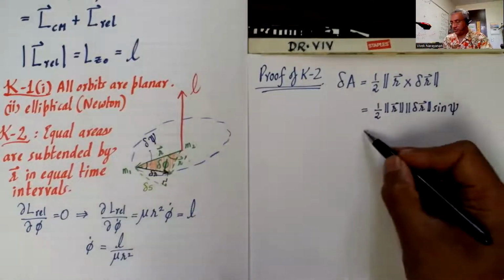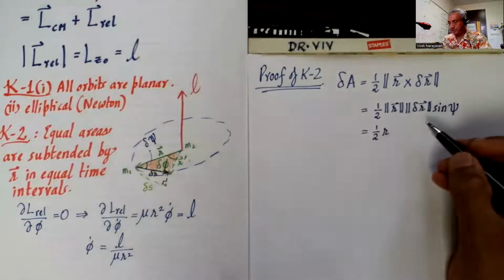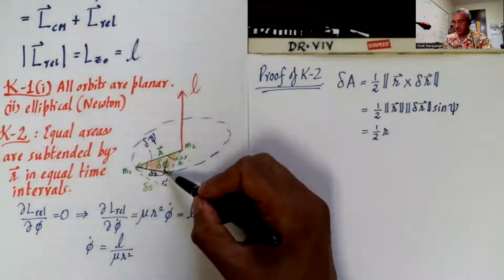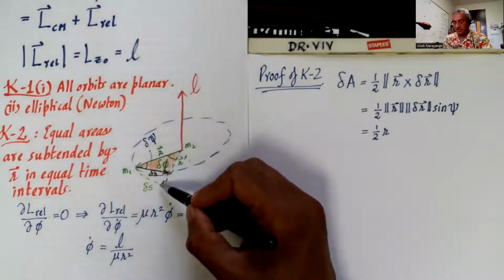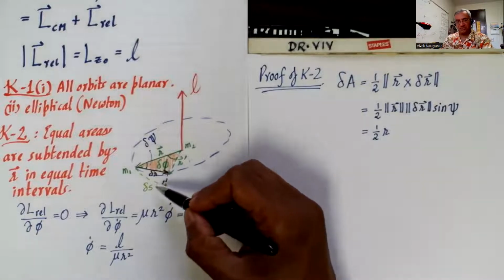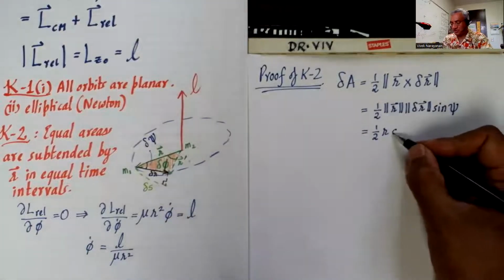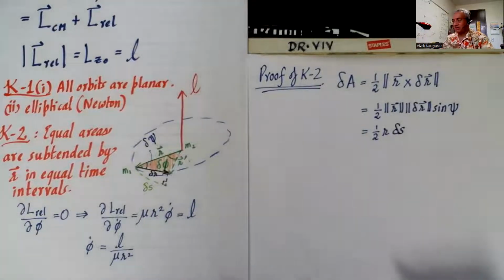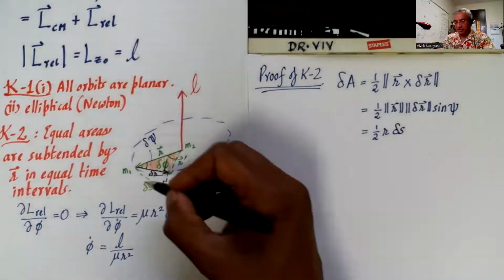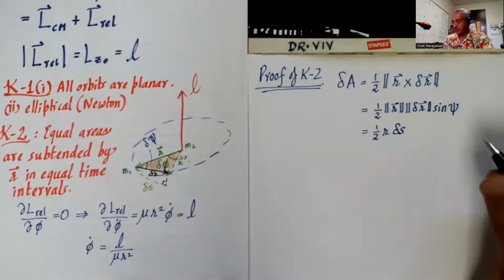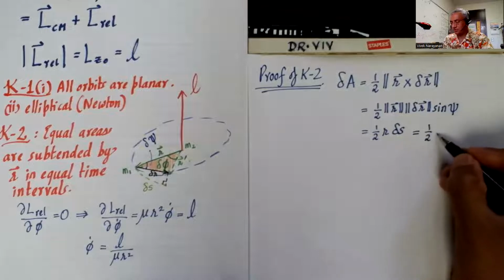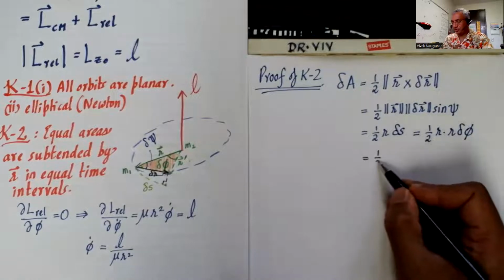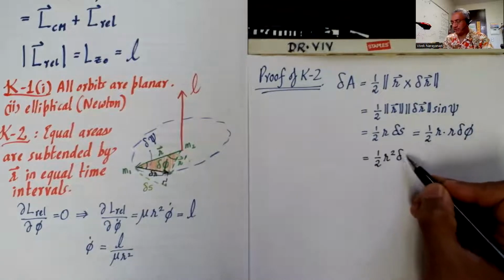The magnitude of r is just little r, the relative vector's magnitude. Delta r sine psi is just delta s, so I get r times delta s. Now delta s, however, is r times delta phi. So I have this incredible result: it's 1/2 r squared delta phi.